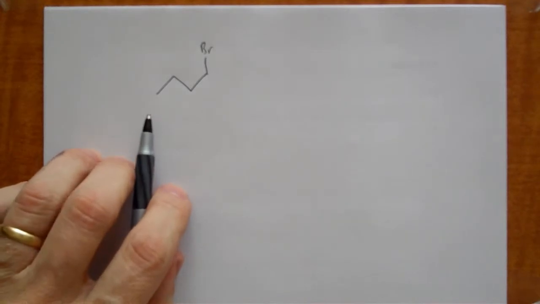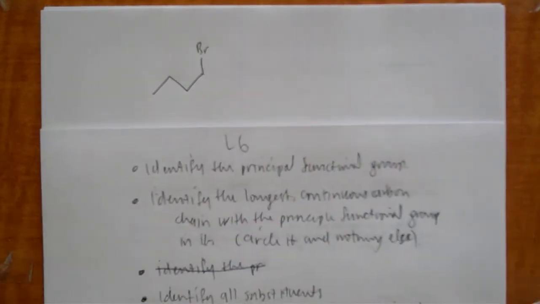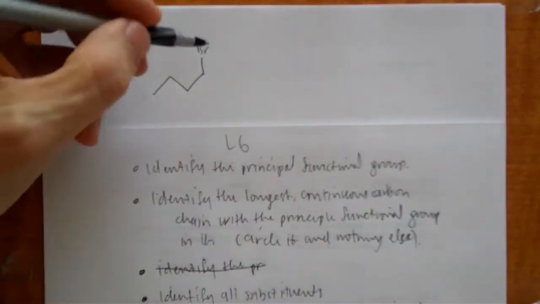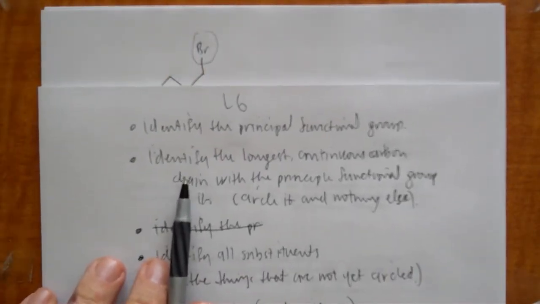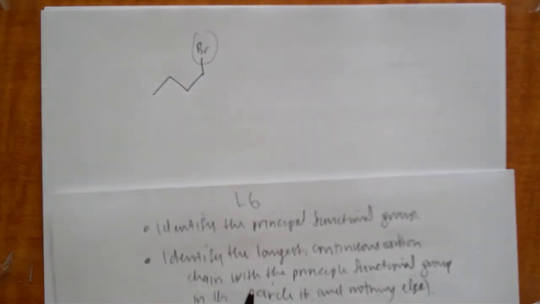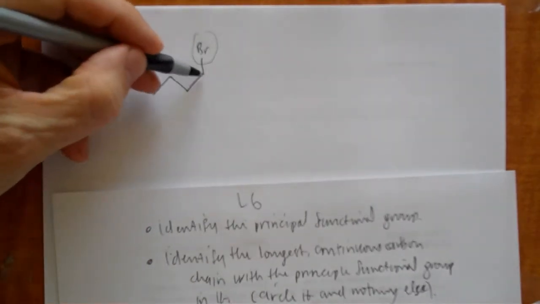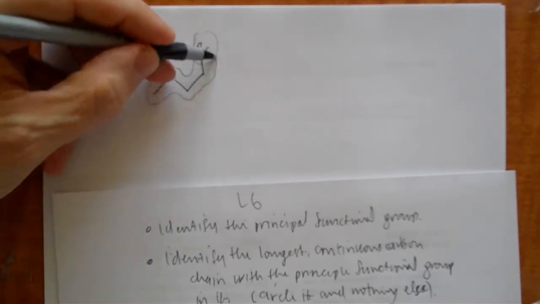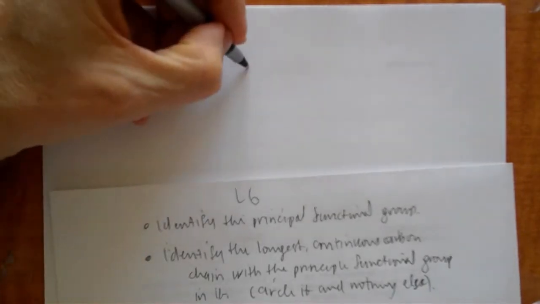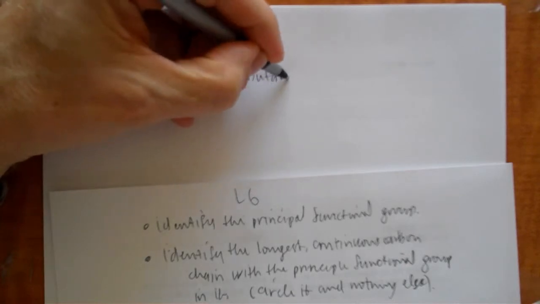So we first of all identify the principal functional group. Well, it's a halide. Then identify the longest continuous carbon chain with the principal functional group in it. 1, 2, 3, 4, and yes, the principal functional group is in this. So there's our circle. And we write butane.